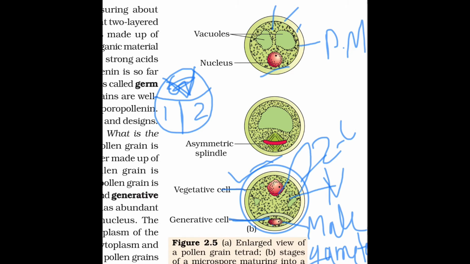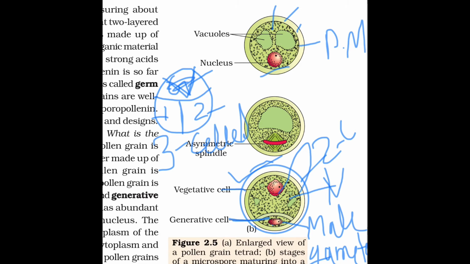So in 40% of plant species, pollen grains are shed in the three-celled stage: one is the vegetative cell, and the others are one male gamete and a second male gamete.